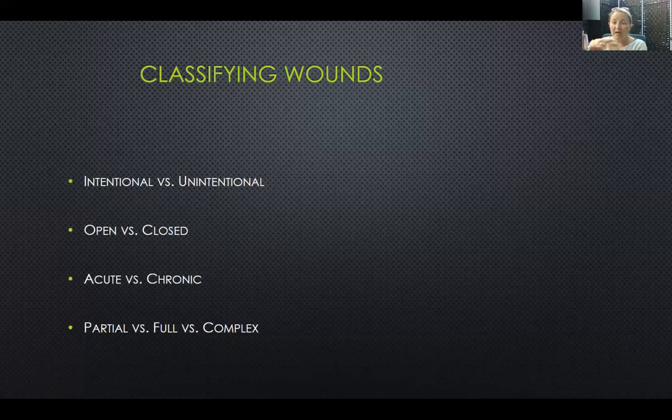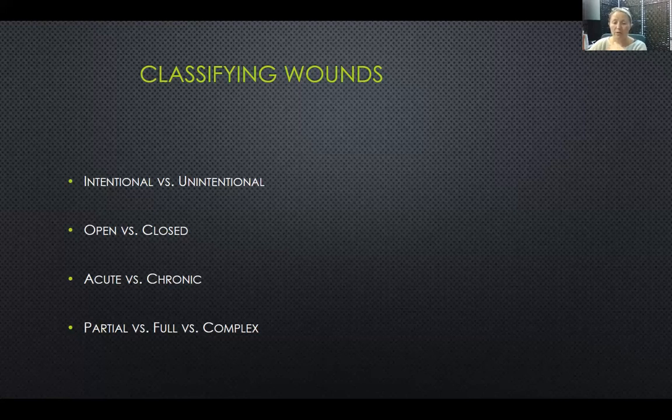So the edges are going to be more jagged. So you're looking at increased risk of infection, increased healing time, more likely to bleed, more difficult to control the healing process with these unintentional injuries versus when we purposely have disrupted our skin integrity.